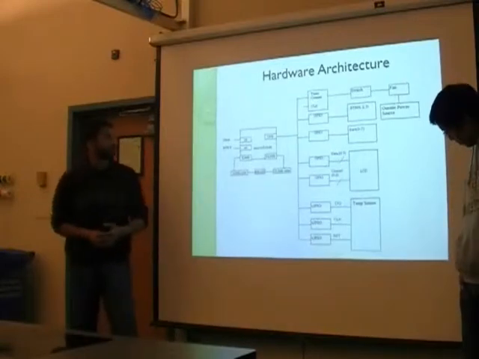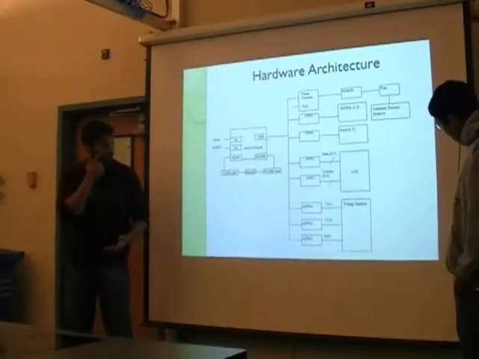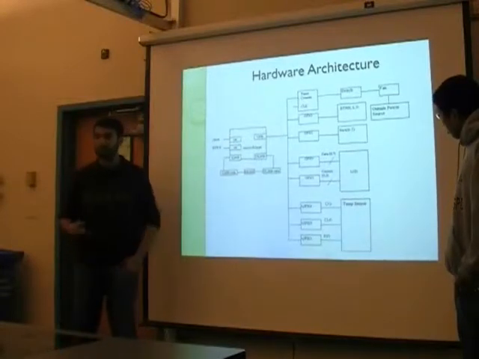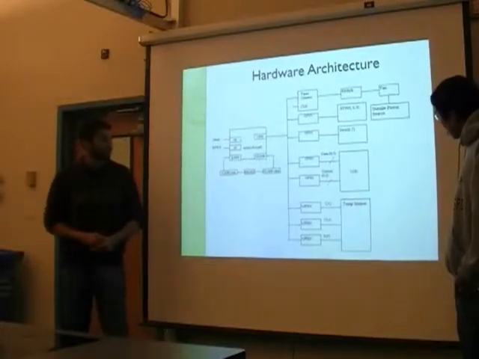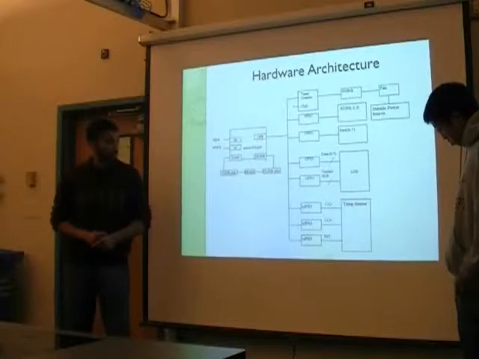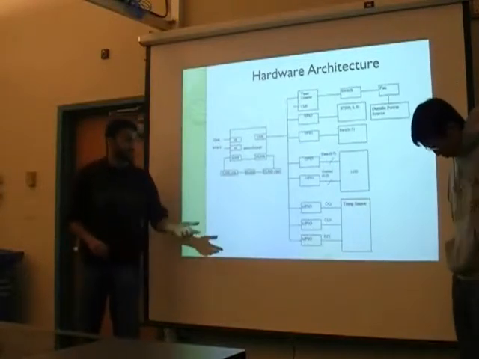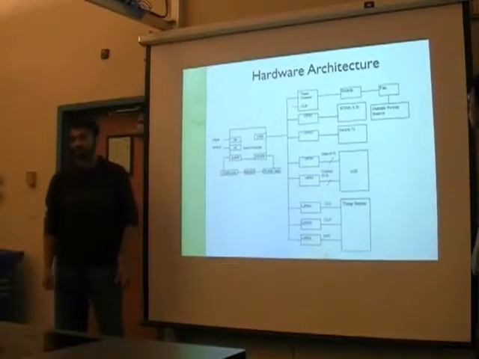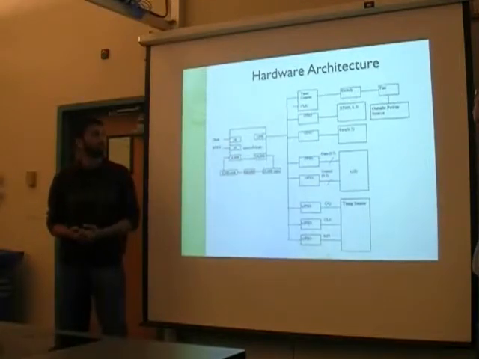Our hardware architecture is pretty similar to our previous labs, except we use a temperature sensor. It's a PMOD from Digilent. We could use it either as an SPI or a GPIO, so we decided to use it as a GPIO.